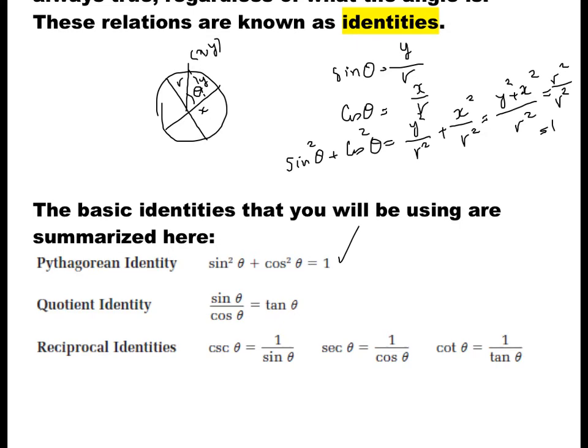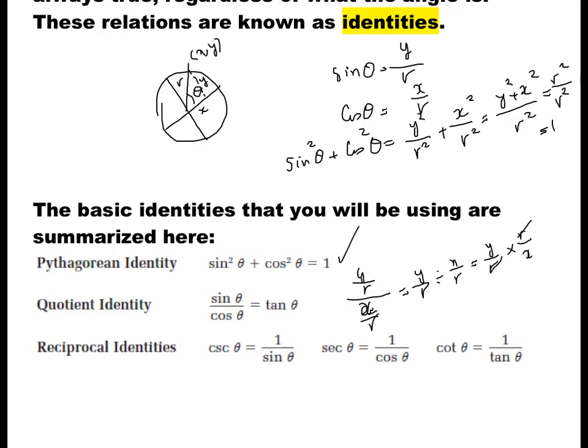The other one is sine theta over cos theta. Sine theta is y over r, over cos theta, which is x over r. Now this is y over r divided by x over r, which is the same as y over r times r over x.